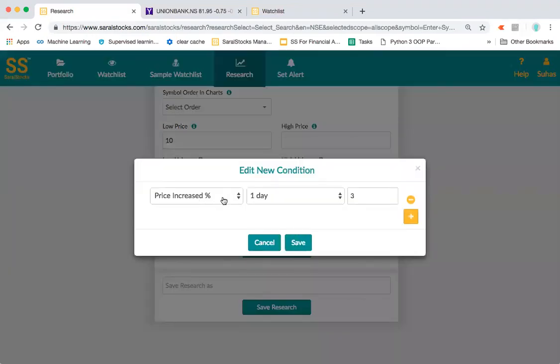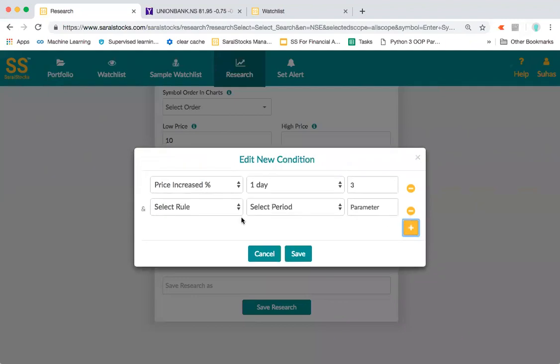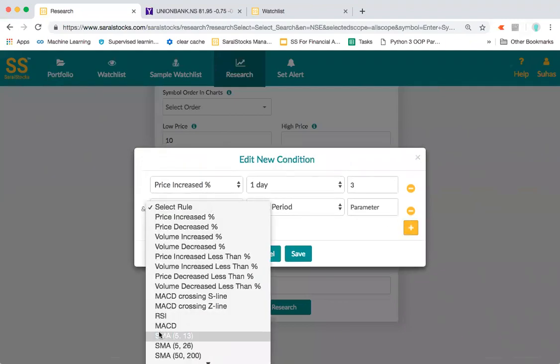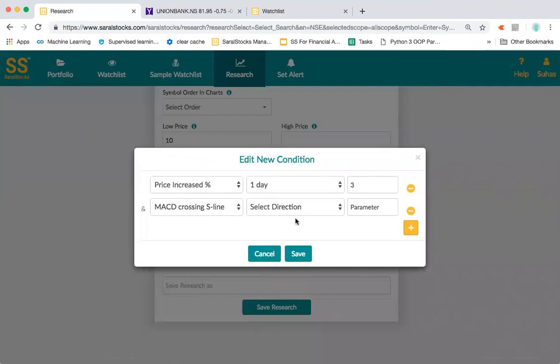I put in the parameter of price increase of 1 day, 3%. And this time, I also want to add MACD indicator. Processing the line. I want to see it turn bullish in the last few days. And let's say in last 5 days.